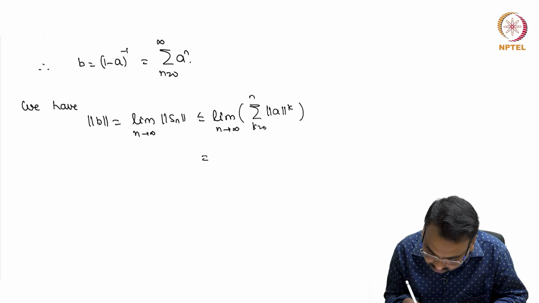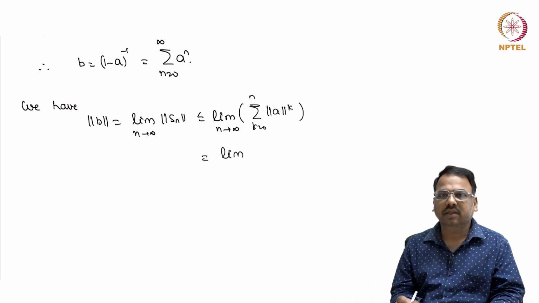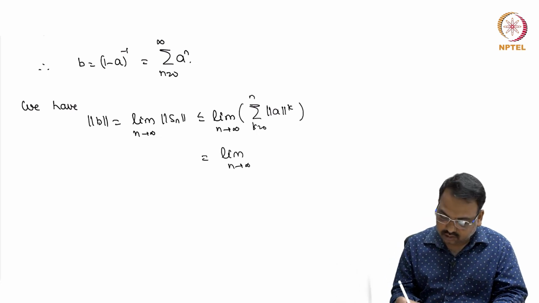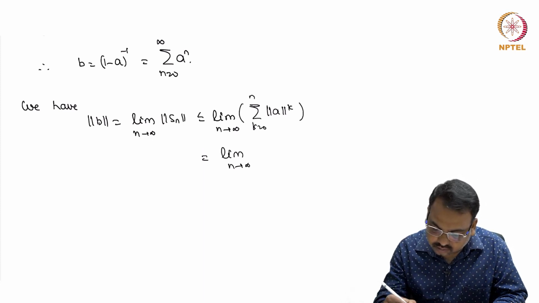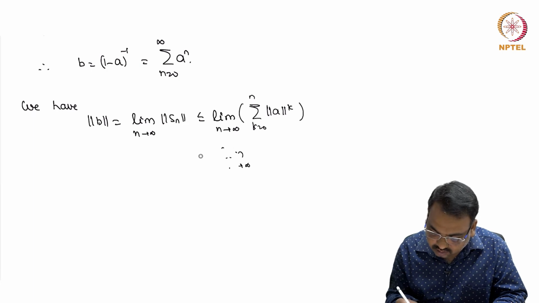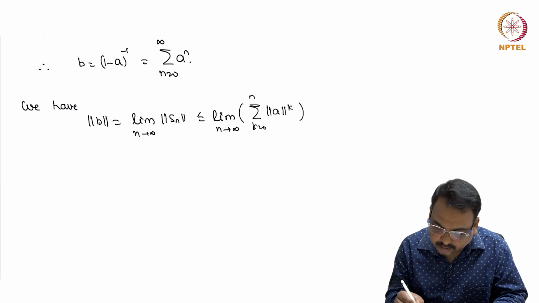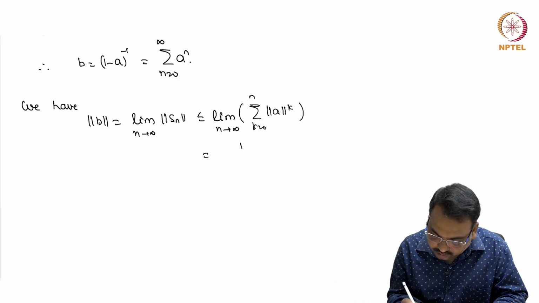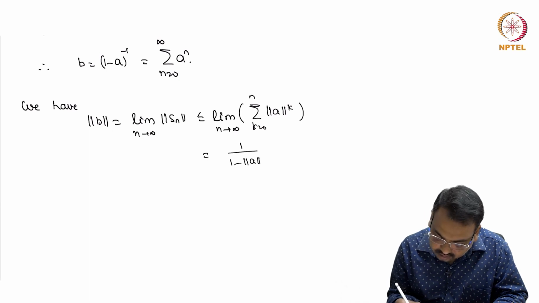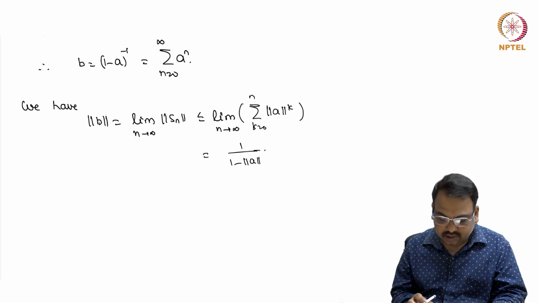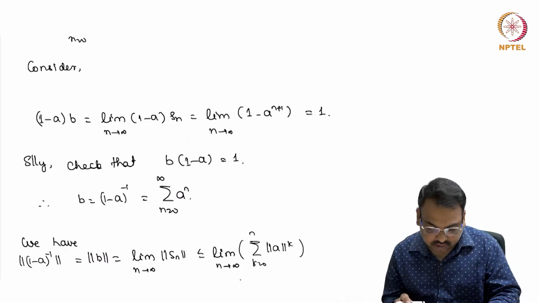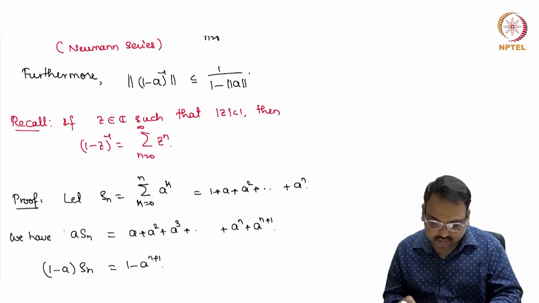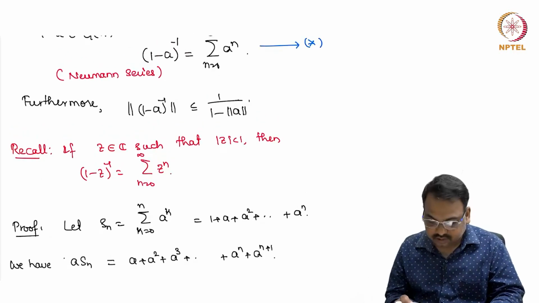So taking the limit as n tends to infinity, we can directly write this is exactly equal to 1 by 1 minus norm a, but b is nothing but the norm of (1 minus a) whole inverse. So this gives the bound for the norm of (1 minus a) inverse. Okay.